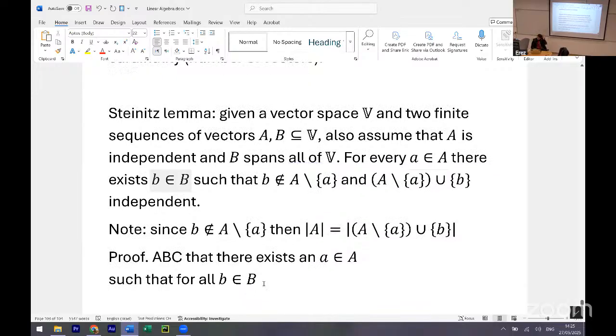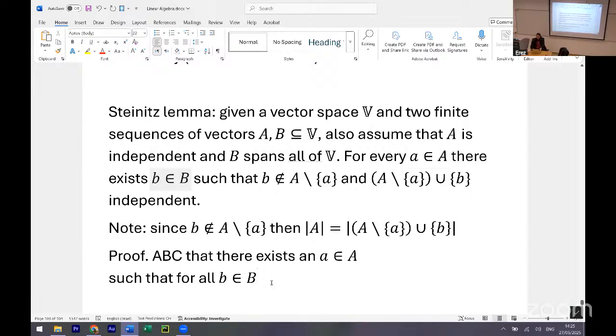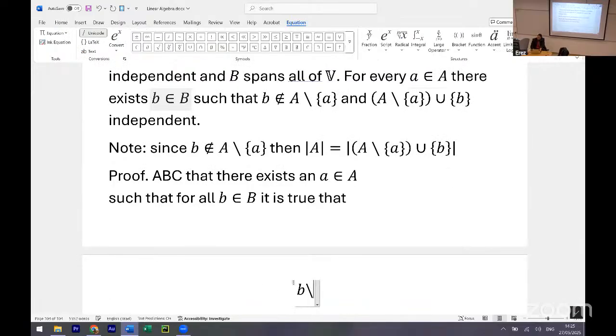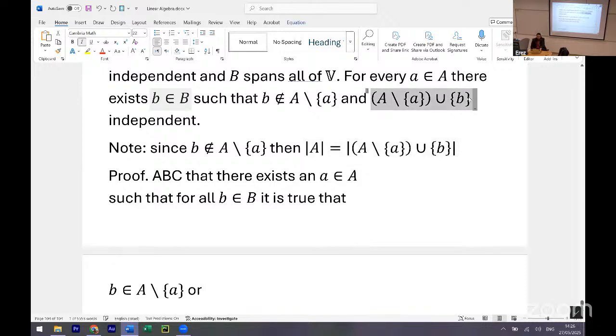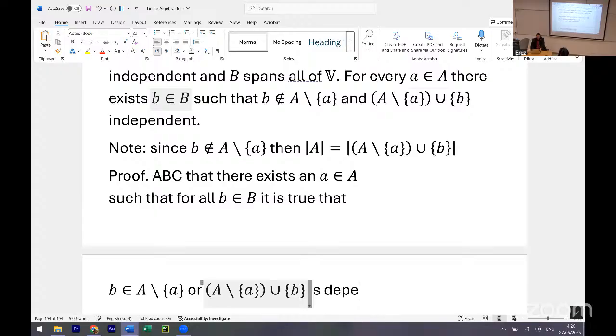Or, it is true that B is in A without A, or A without A along with B, that is, if we replace A with B, is dependent. Agreed?